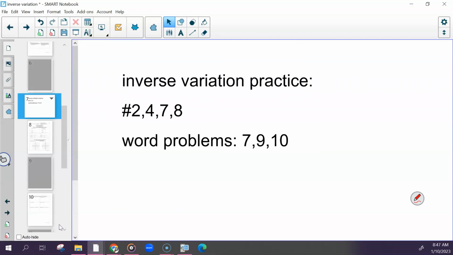So in the inverse variation notes on the very last couple of pages, you could be working on these practice problems, 2, 4, 7, and 8, and then on the word problems, 7, 9, and 10. Or if you have not done the 2 Khan Academies that are due this week, you could be working on those. So you need to be working on one of those. You should not be on your phones doing other things or working on other schoolwork, right?